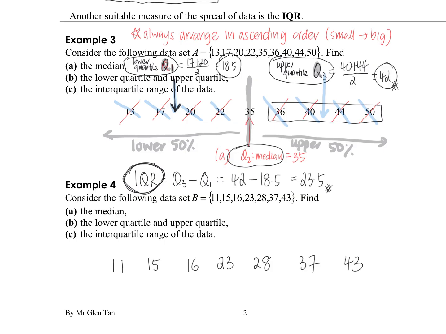Okay, then go and find lower quartile, upper quartile, and then interquartile range. Okay, if you cross out one by one, your median is here, the middle number.